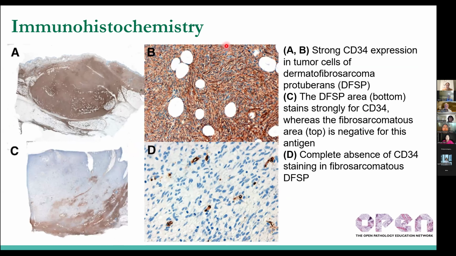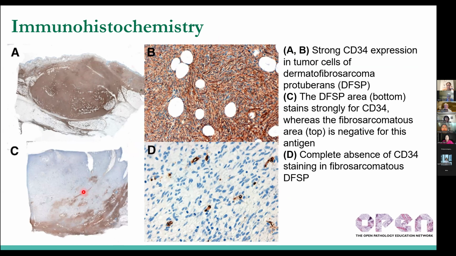You can see in here our staining of CD34. In a classic DFSP, you can see that it is strongly and diffusely positive for CD34. This is a high power view, and you can see it clearly.